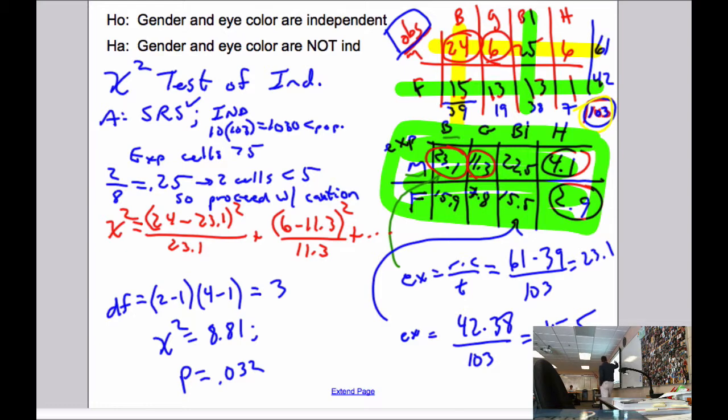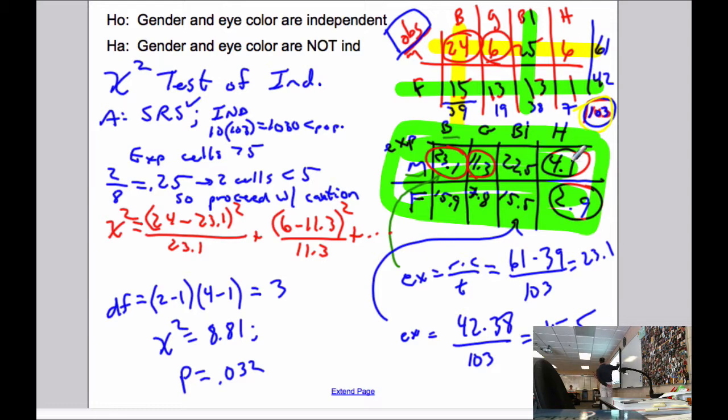Which cells? How about 24 and 23.1? That's good. 6 and 11.3? Is that a big difference? Maybe. Let's come back.